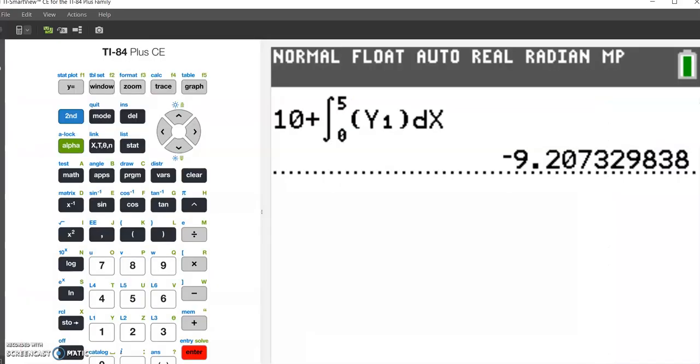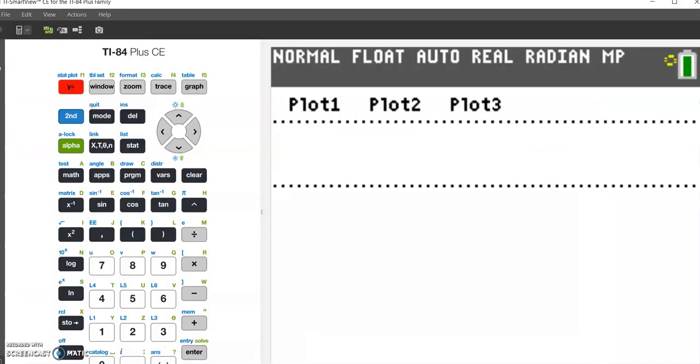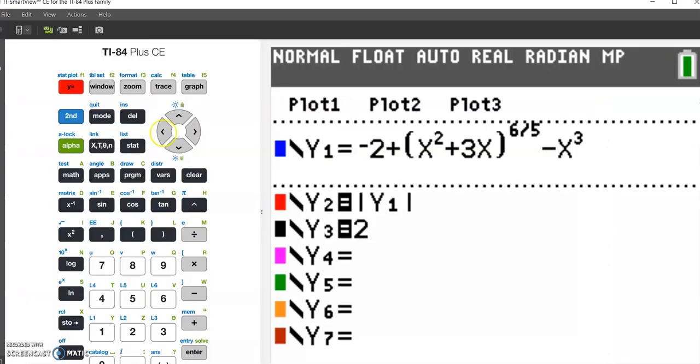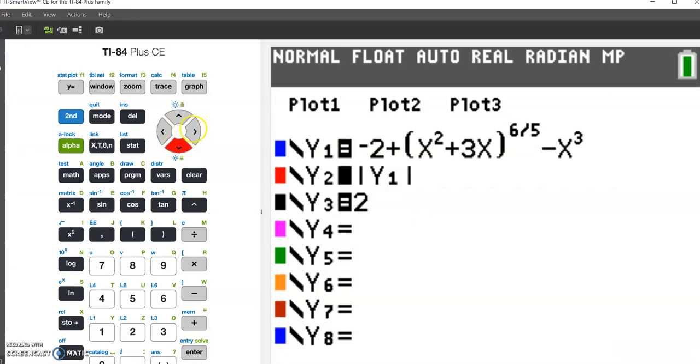Going back to the calculator, we want y1 back because we want to see the velocities. I no longer need to see the speeds, and I need to figure out when my velocity is equal to 0.